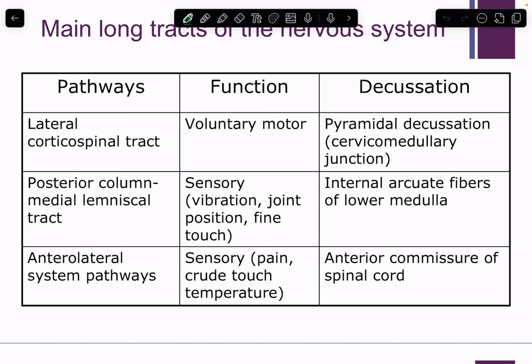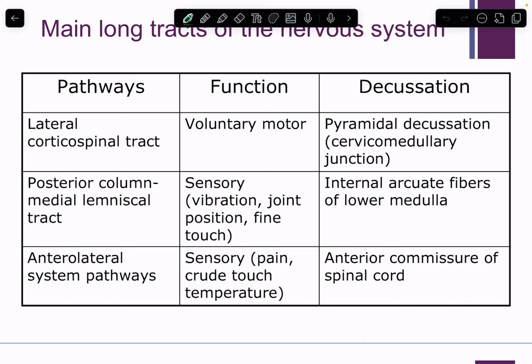Okay, so let's summarize it. The lateral corticospinal tract decussates at the pyramids in the lower medulla, and it controls voluntary motor function, especially in the distal limbs.